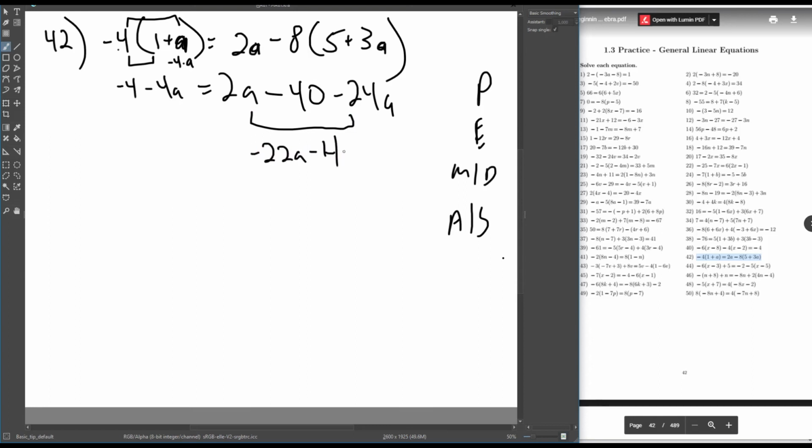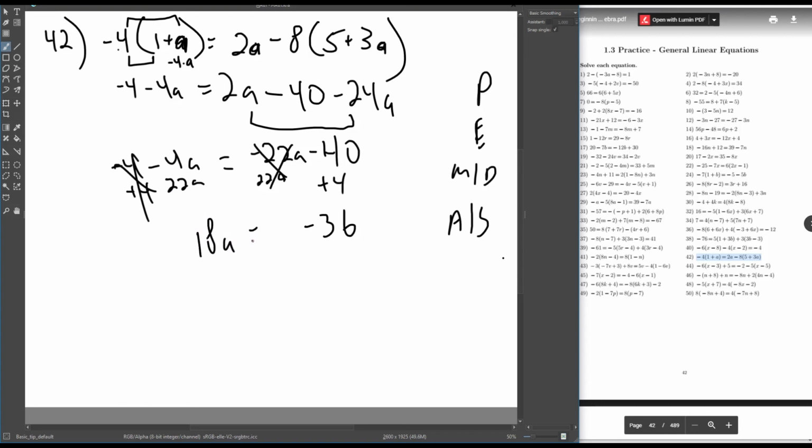Let's get rid of this bugger right here. Minus 4, here I'm going to add 4. All right, so this crosses out. Minus 40 plus 4 equals minus 36. Here I want to get rid of this guy, so I'm going to add 22a on both sides. Boom, that crosses out. Minus 4a plus 22a equals 18a equals negative 36. All right.